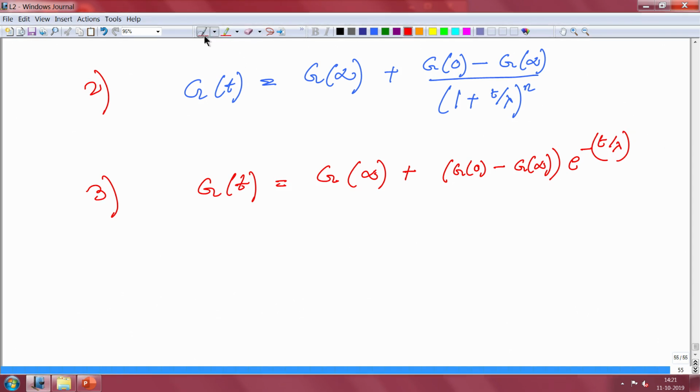I will just quickly replace the exponent with another constant, beta. So, these are all different fitting constants that you have to evaluate from the data, and that will give you an idea of the functional form. These are not the only ones, these are some of the commonly used ones.